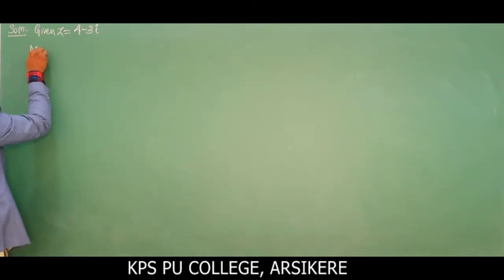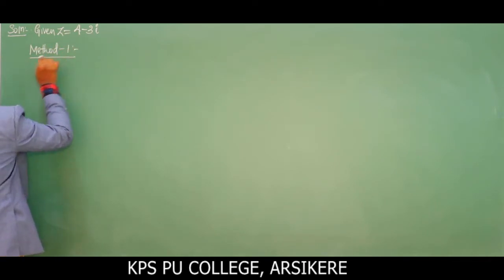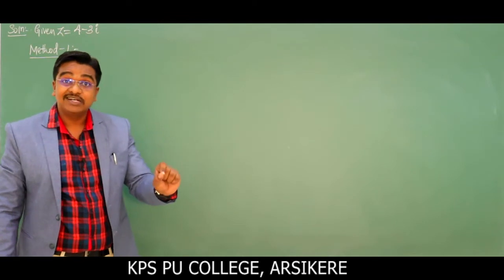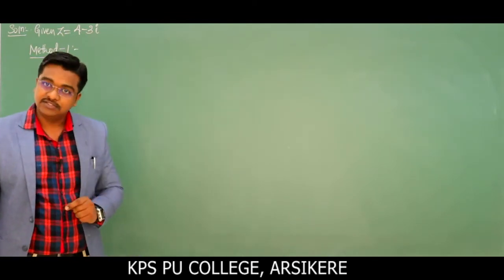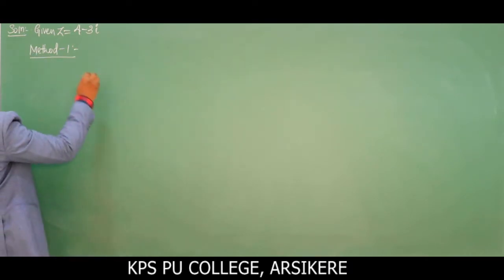Method 1. Now tell me, how to find the inverse in method 1? Very good. Take the given complex number as z, then the inverse of z is given by 1 over z, that is, z inverse is equal to 1 by z.